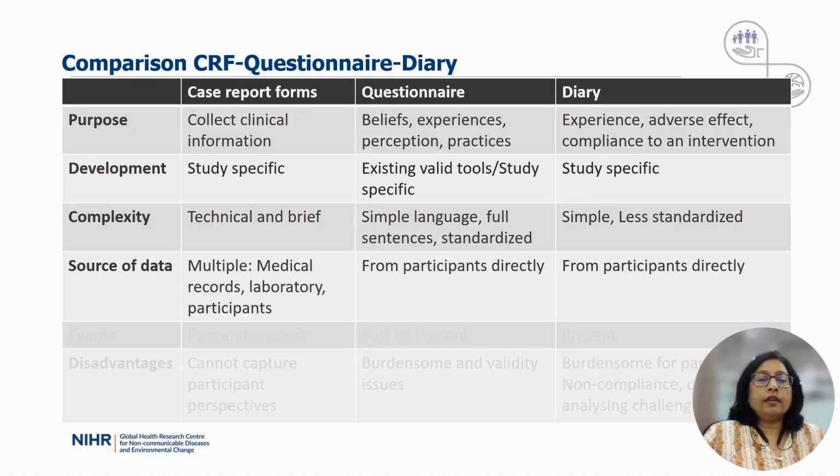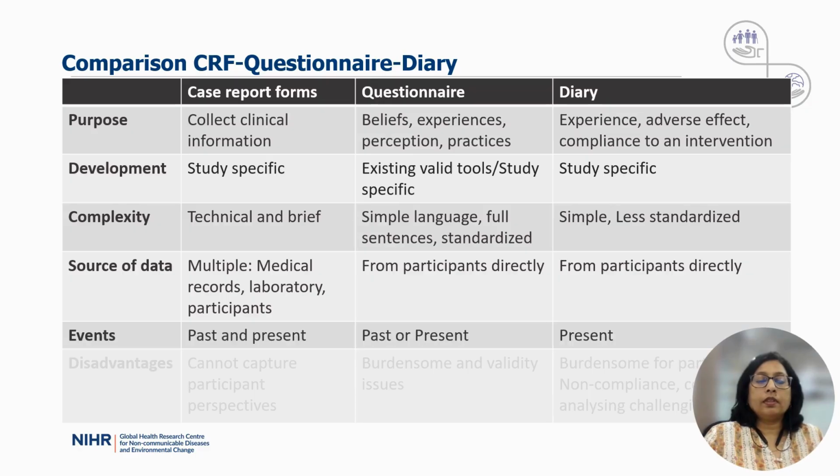For the source of data, case report forms can capture information from various sources such as medical records, laboratory, or directly some from the participants. Whereas questionnaires collect data directly from the participants only, and so does the diary. Case report forms and questionnaires can collect information both from past and present.